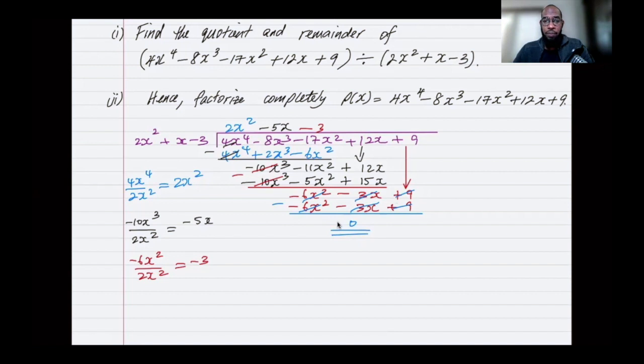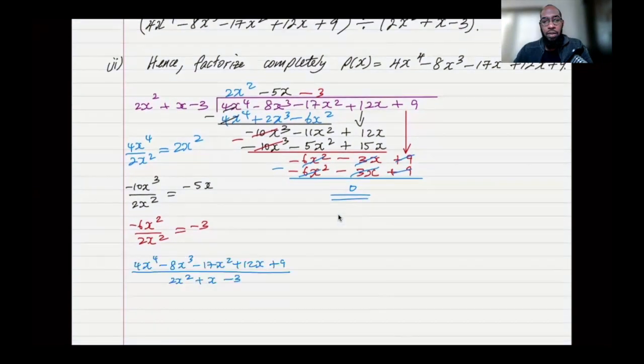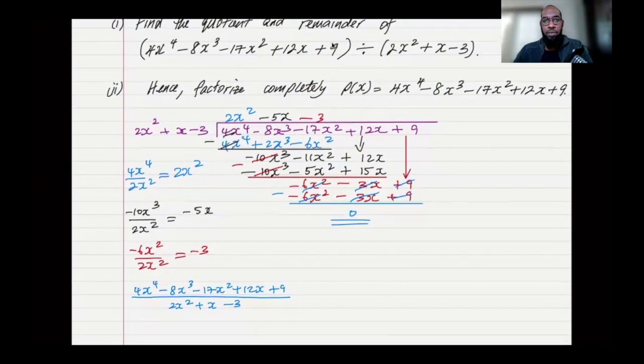All right. So we are not finished yet because remember, we have to find the quotient and the remainder. So we know the remainder is 0, right? So let's deal with the quotient now. So instead of writing it like this, I wrote it like this here. So this, instead of putting the division symbol, I put the vinculum line over 2x squared plus x minus 3.